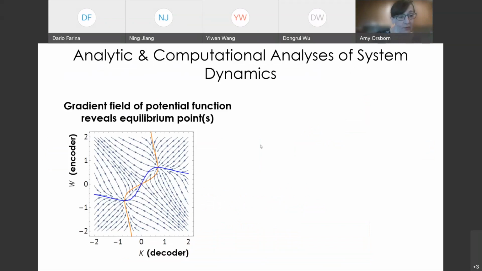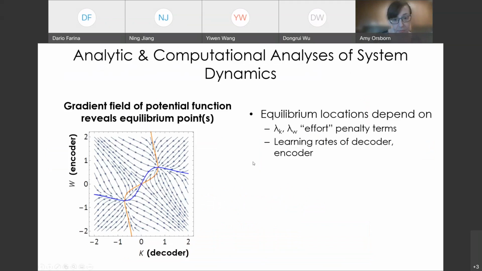For instance, we can try to predict the equilibrium points of how this system is going to settle, which is pictured here. We can demonstrate that the equilibrium of this system is going to depend on these effort penalty terms, which is intuitive, given that if the brain, for instance, doesn't want to move very much, that will influence where the final solution resolves.